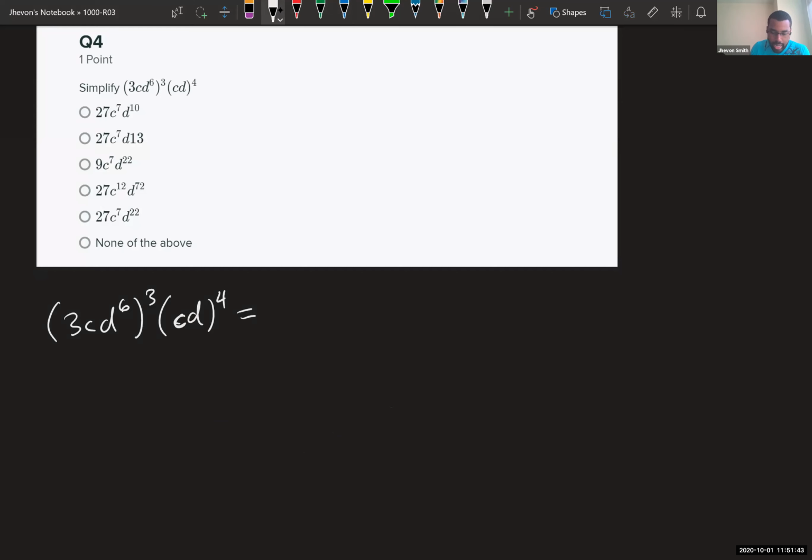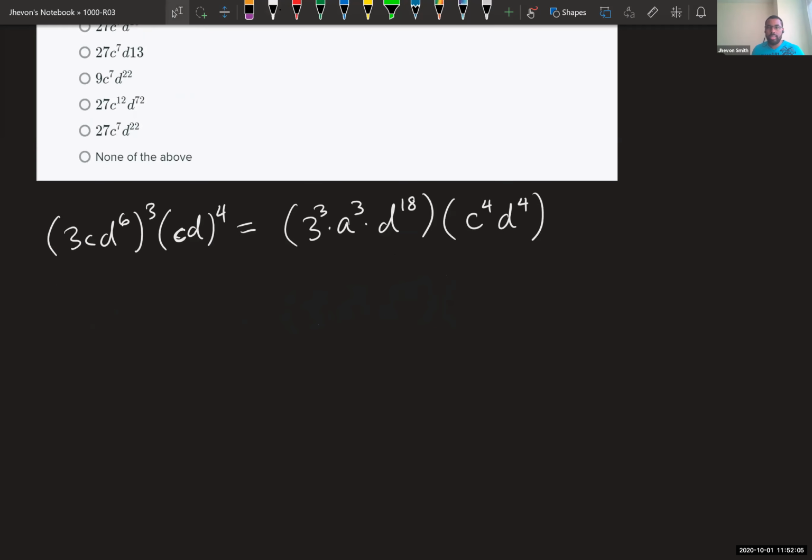I would actually take that third power on the outside of the first parentheses, and I would literally multiply all the powers inside. So it's actually d to the 18 because it's 3 times 6. Now with this, I can actually just remove the parentheses.